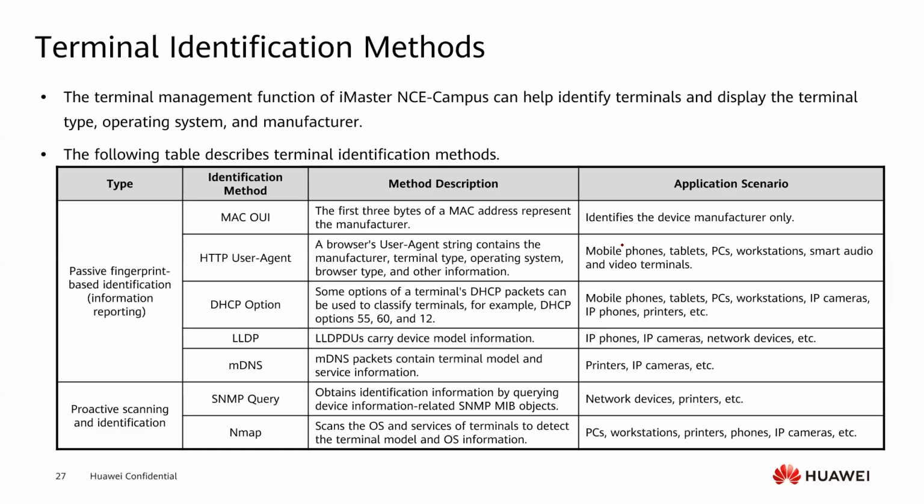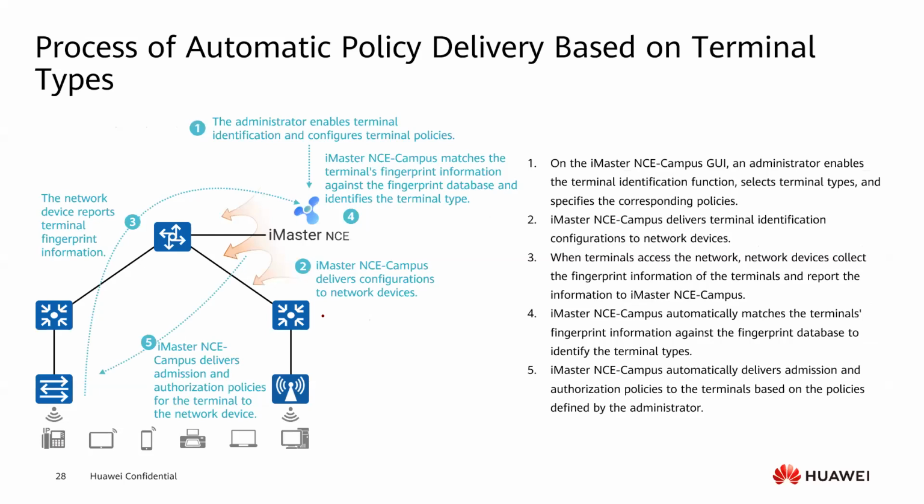You need to analyze the requirement and analyze the network composition to find the specific type and enable different identification methods. After you enable the identification method, you can do the policy delivery based on the different types. First the administrator will enable the identification and create the policy based on the different terminal types, and then deliver the specific configuration to the devices.